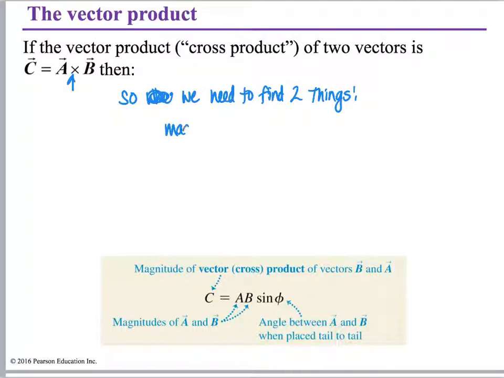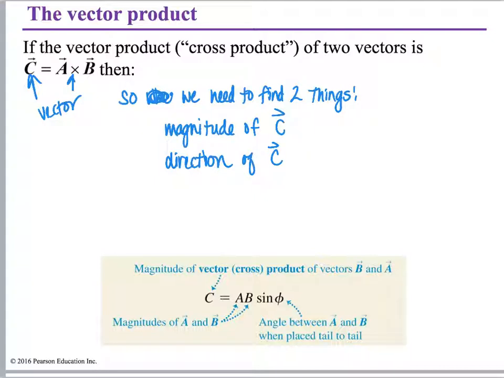We need to figure out the magnitude of C, and we also need to figure out its direction, because this is a vector.